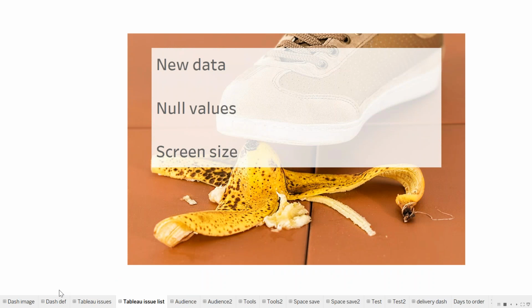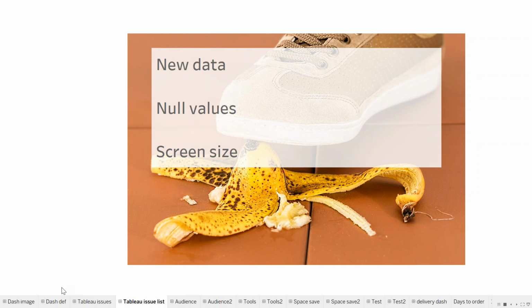So one of the features of a dashboard is often that the data is being refreshed all the time. So it might be on a daily basis, new data is coming in, and when you initially design the dashboard, you make certain assumptions about what the data is going to look like going forward, and you might get caught out on that.